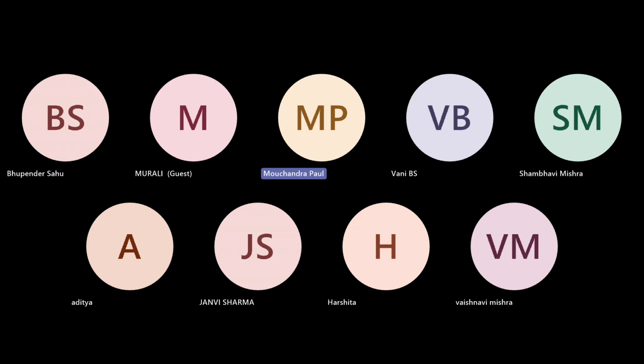So one by one, you guys can tell your name so that I can mark it in the attendance sheet. Ma'am, it's Murli. Murli, another person who just spoke simultaneously, can you repeat? Shambhavi. Shambhavi, okay.